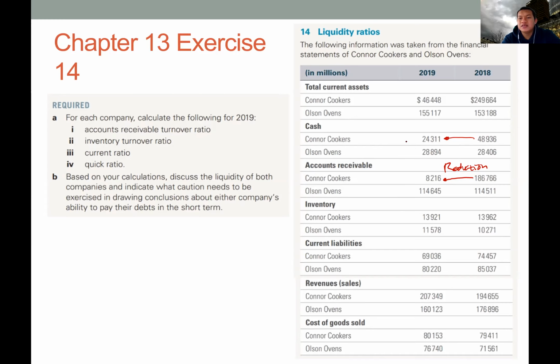But if you look at Kanner's cash balance from the beginning to the end of the accounting year, actually the cash balance is declining, not increasing. So this is inconsistent with their reduction of receivable.